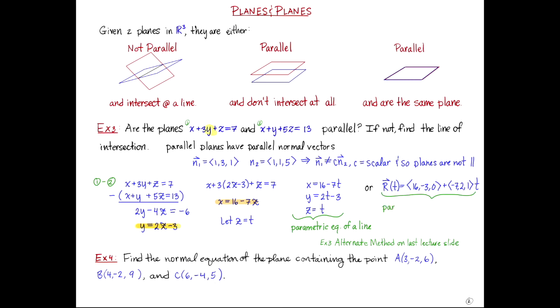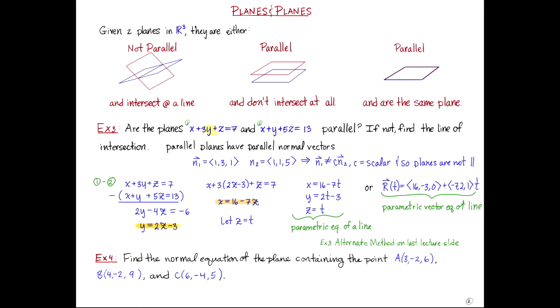This is the parametric vector equation of a line. On the last slide of lecture, I worked out an alternate method of solving for example 3. It uses the cross product, which we haven't quite gotten to, but it's interesting to see two different methods for finding the line of intersection between two planes.